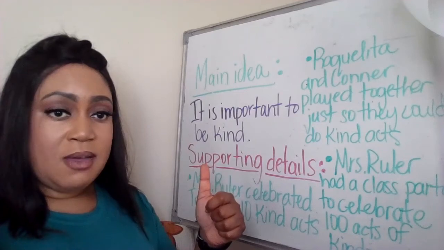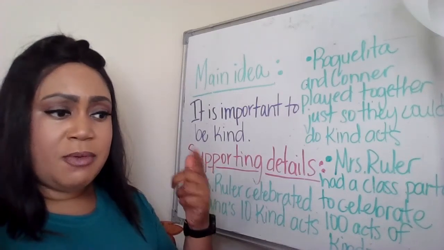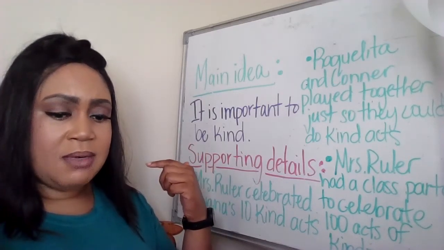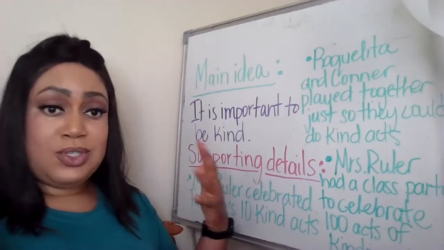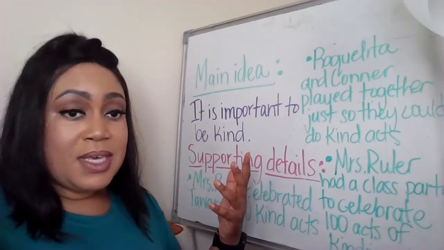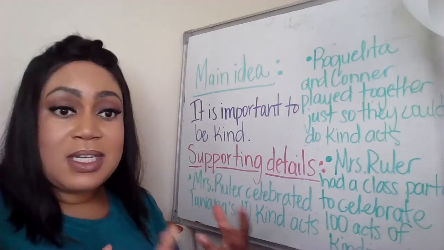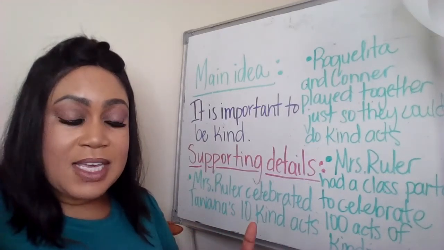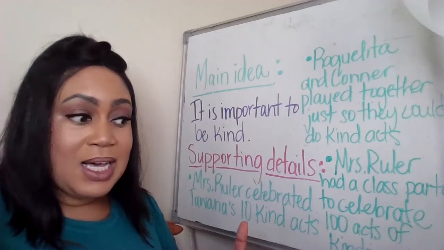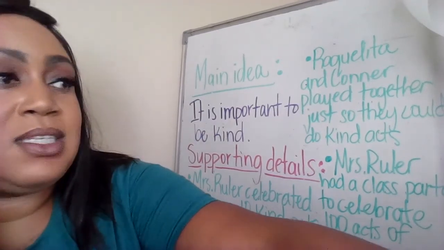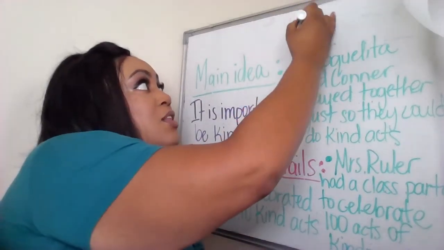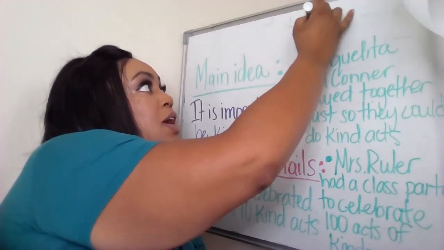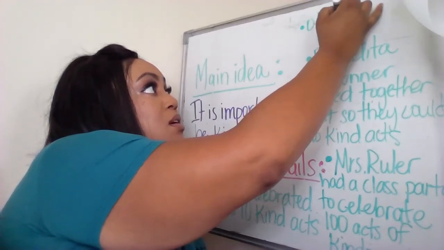The twins helping at home, Roccoletta and Connor helping Roccoletta's family, David helping his family, even though originally he didn't really feel like being kind. The rest of the class asking if they can join in and be kind. I'm going to add that up to the top because I do think that's an important supporting detail.